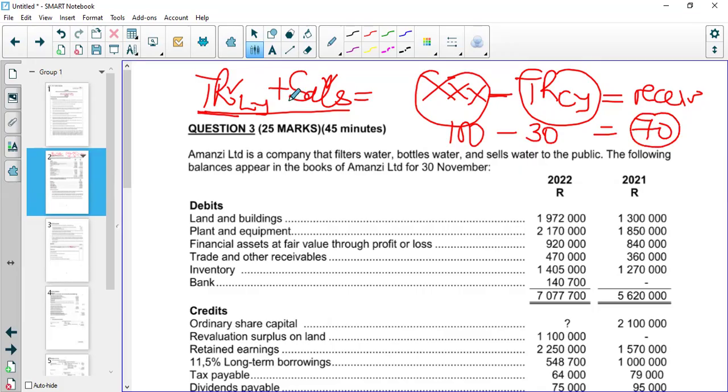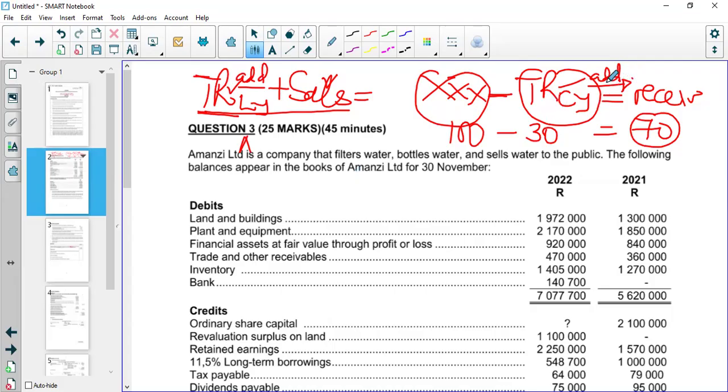Remember that when we make adjustments, trade receivables includes adjustments such as allowances. So if there's an allowance for last year, you add it to the trade receivables figure. If there's an allowance for this year, again, you add it as well. And if there are credit losses that we actually wrote off, you're also going to add them to the current year.